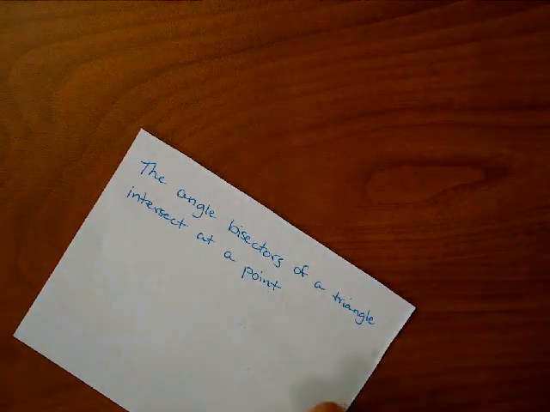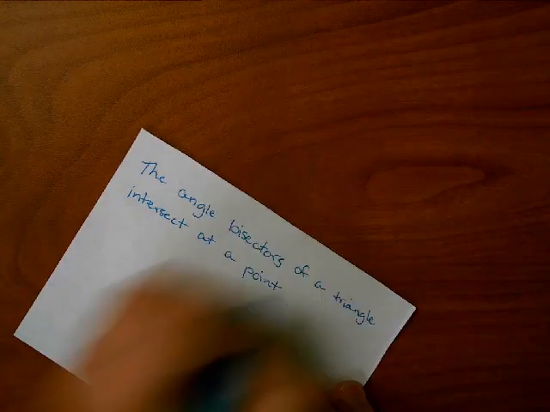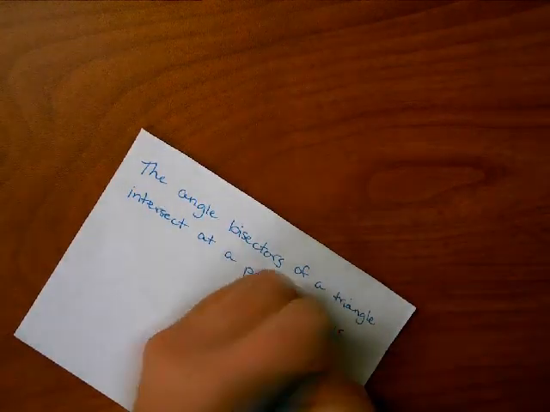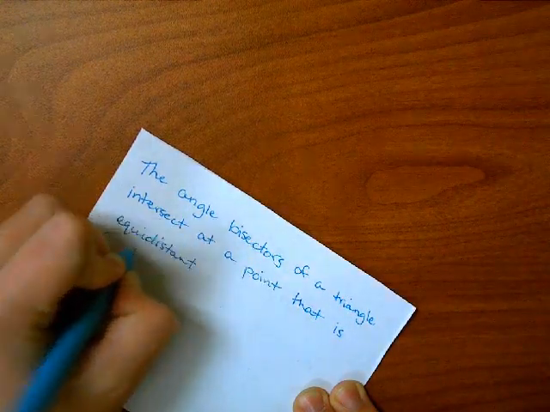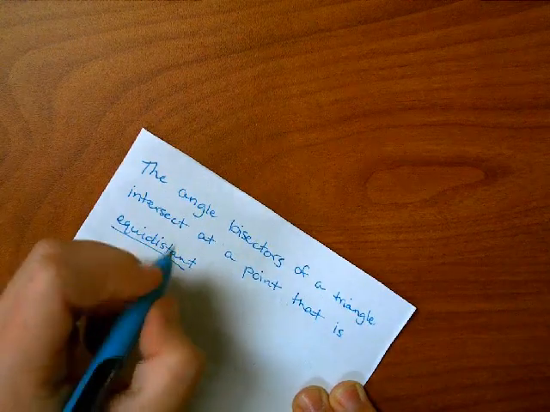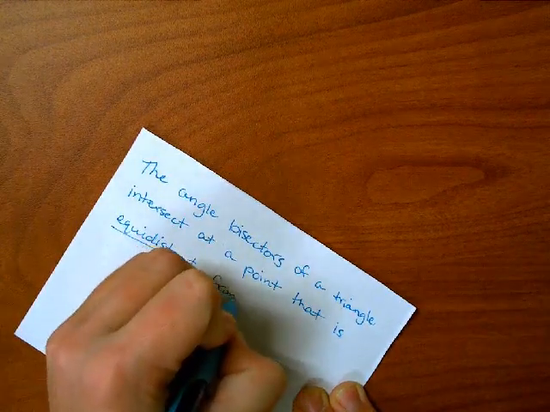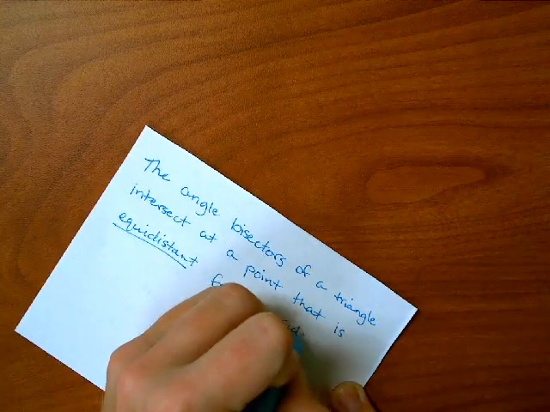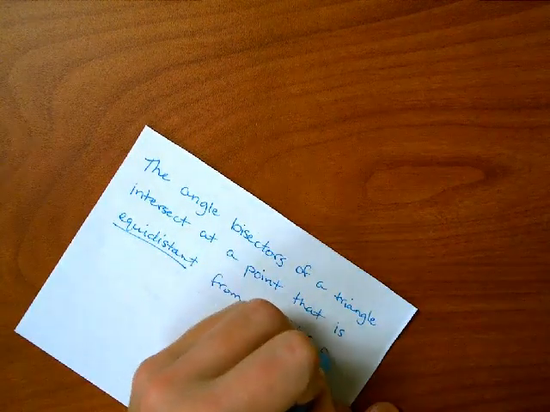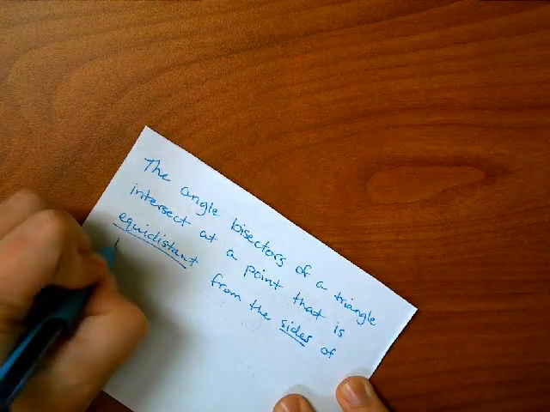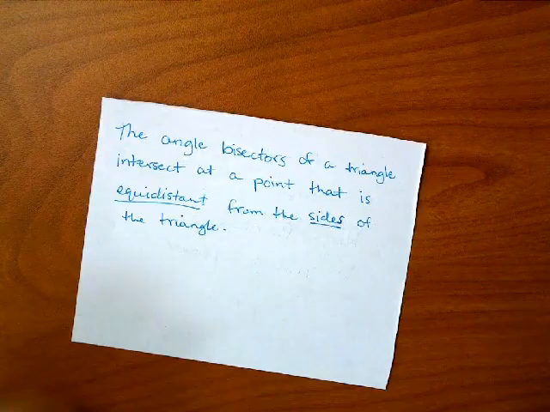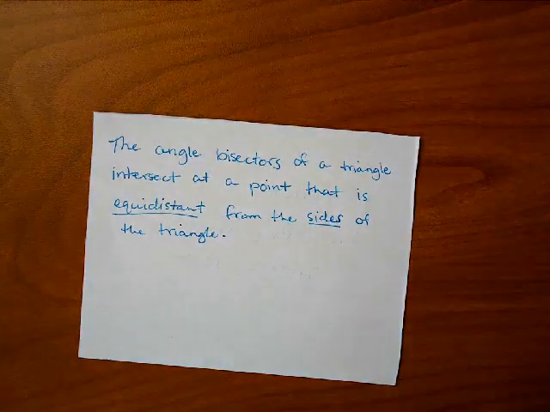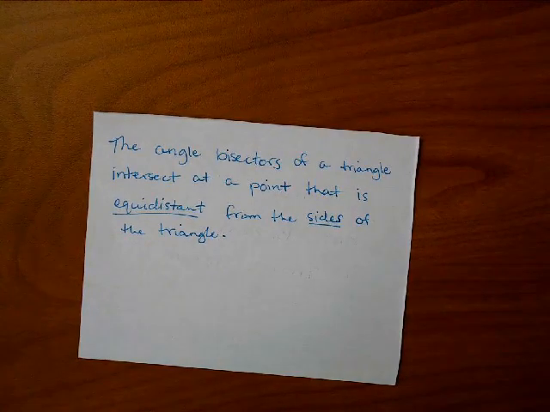So these intersect at a point that is equidistant, again, equal distances from the sides of the triangle. So the perpendicular bisectors bisect the sides, but are equidistant from the angles, the vertices. The angle bisectors bisect the angles and are equidistant from the sides.